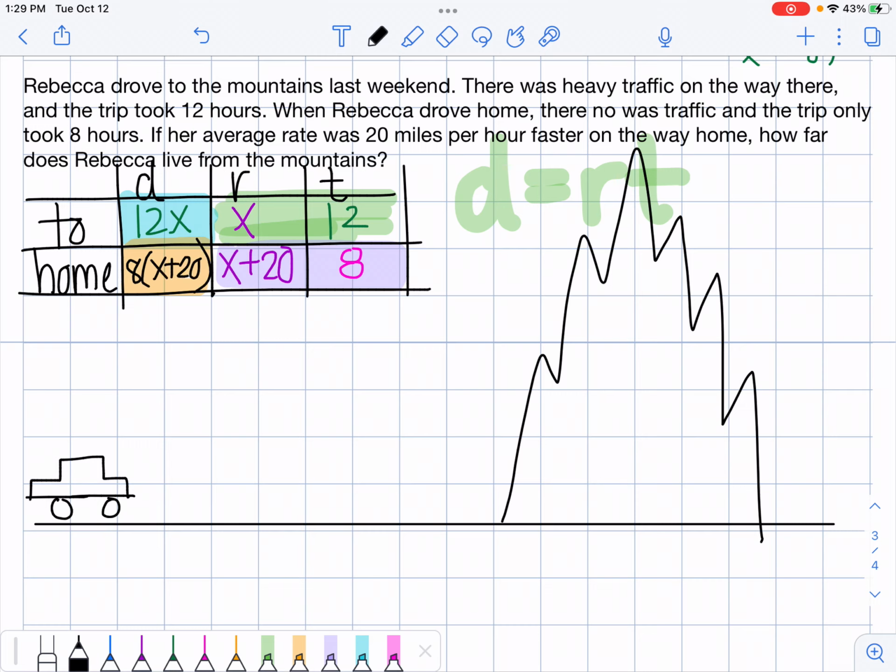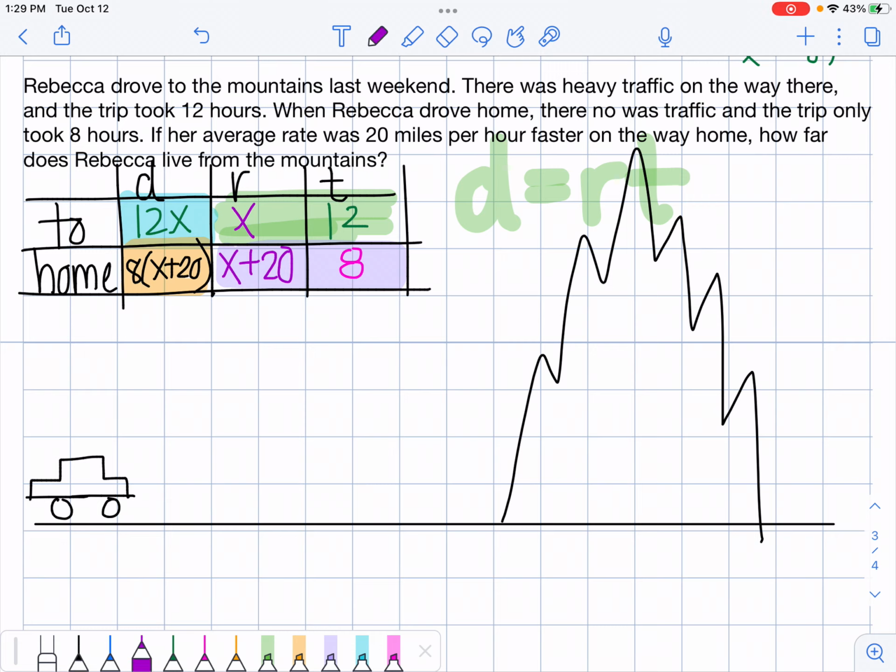So the last two problems that we did, we said, okay, well, the two distances added up together have to equal the total distance, like between the two cars or between the two trains. This time, Rebecca is traveling the same distance. It just takes longer because there's traffic.